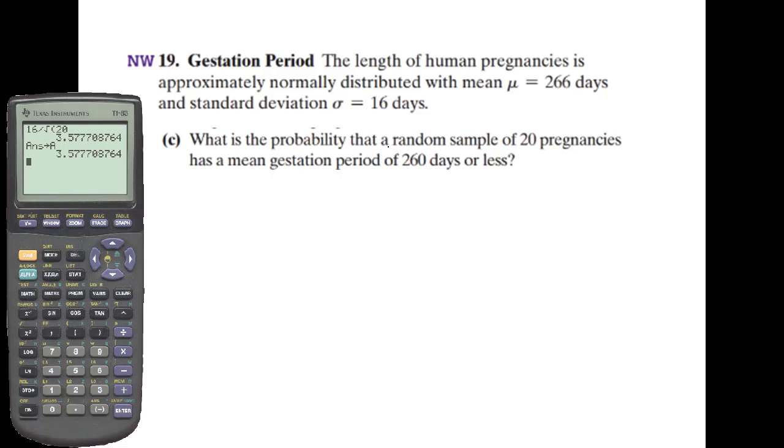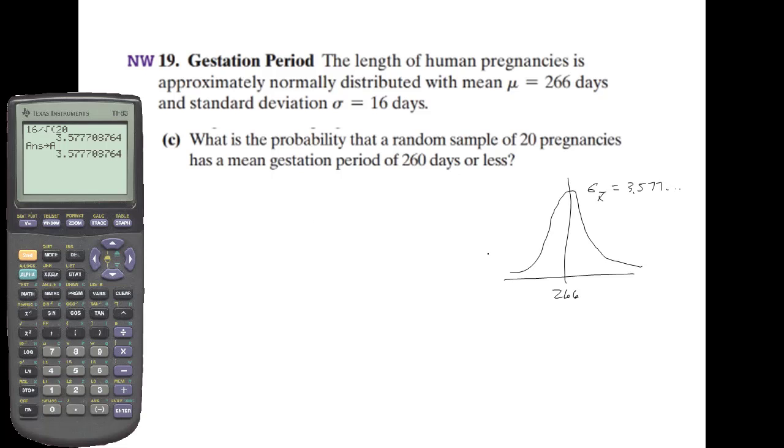All right, so what is the probability of the random sample of 20? Okay, so back to this. So now I know that I'm dealing with a sample of 20 people, and I know it's more pointy than the normal curve, but the mean of this is still 266. And I know that the standard deviation of this sample is equal to 3.577 and some change.